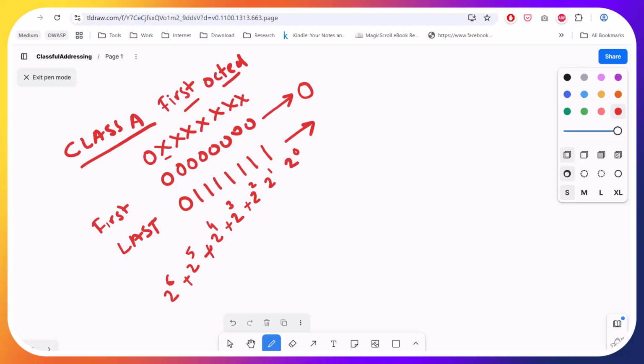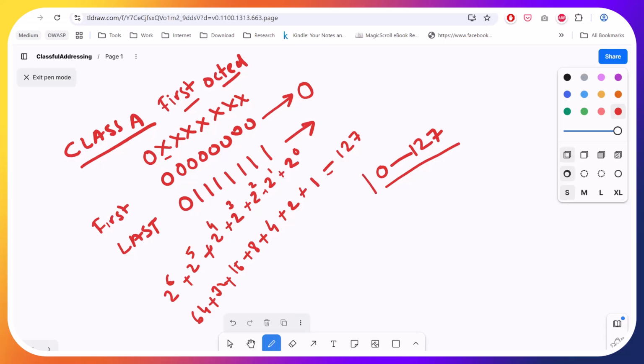The seventh position is not being considered. So 1 plus 2 plus 4 plus 8 plus 16 plus 32 plus 64 sums to 127. So the range for class A goes from 0 to 127. This is the actual range.